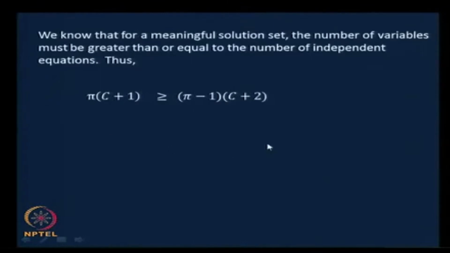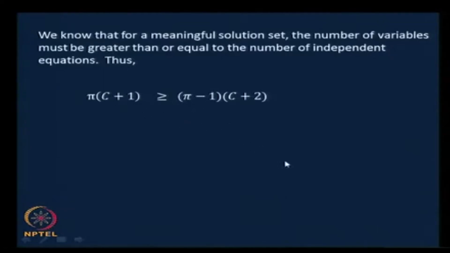realistic or meaningful solutions. If the number of variables is less than that, it is not something that we would prefer. Therefore, this is the condition that we looked at: the number of variables, pi into C plus 1, in a system that we are considering must be greater than or equal to pi minus 1 into C plus 2, which is the number of independent equations between them.